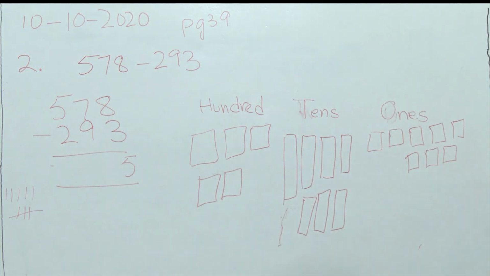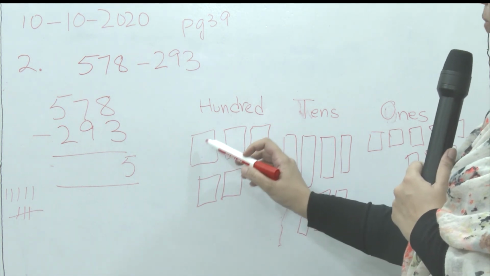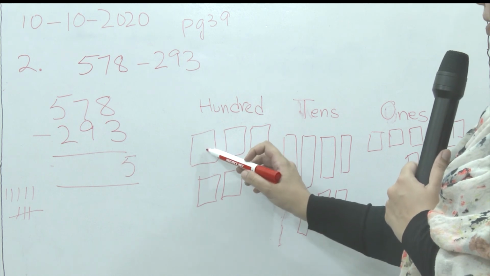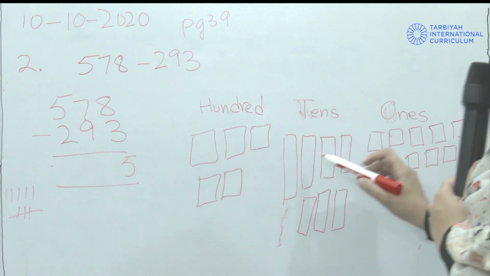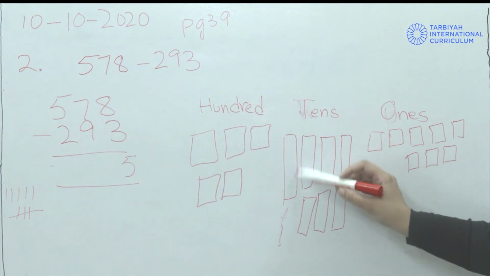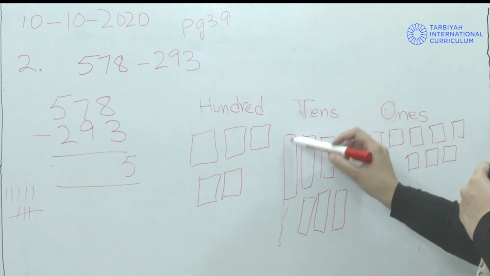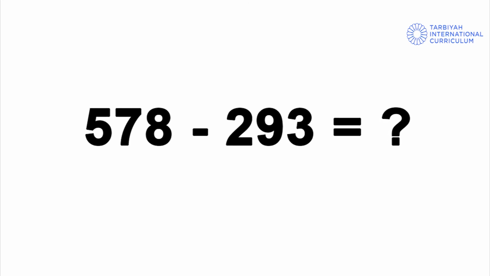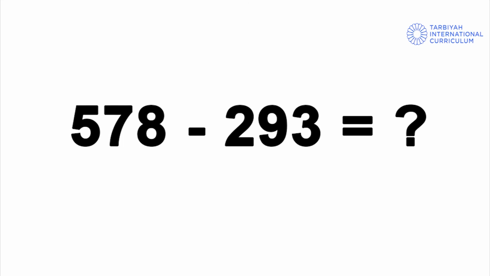So now, do you know how many tens in 100? There are 10 tens in 100 and there are 100 units in 100. How many blocks in 1 tens? There are 10 blocks or units in 1 tens. So here we have a smaller number and here we have a bigger number. So we will borrow 100 from here.